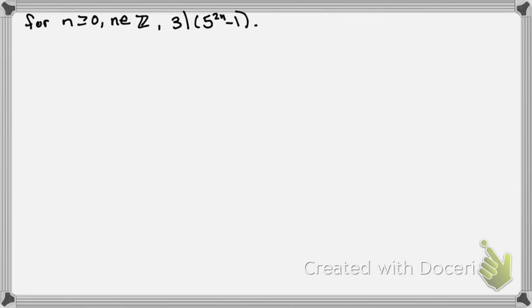So this one looks a little bit different because it doesn't have like an equals that's going to happen. But we can make it into an equal sign, right? So let n equal, so what's the starting point here?